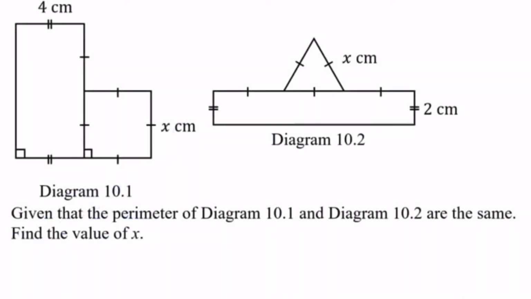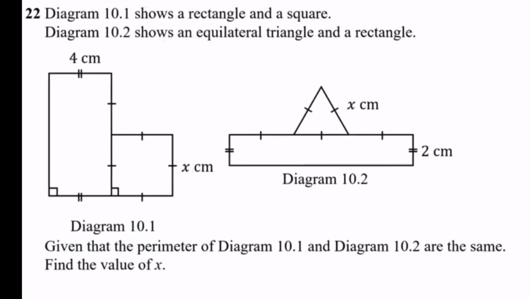So let's see how to solve this question. You have the rectangle with 4 centimeters and a square with x centimeters for diagram 10.1. And for diagram 10.2, you have the equilateral triangle and a rectangle with 2 cm as the width.